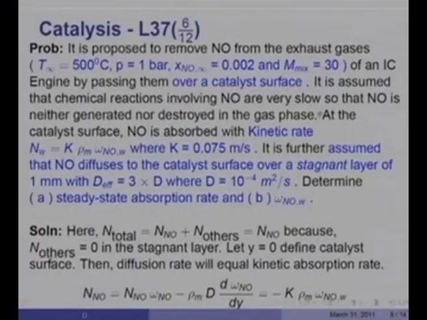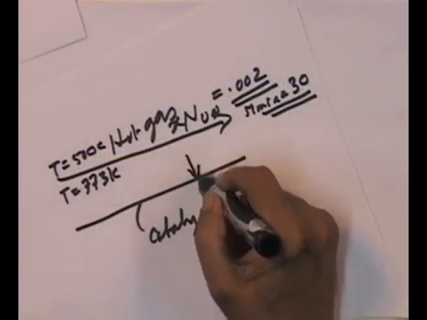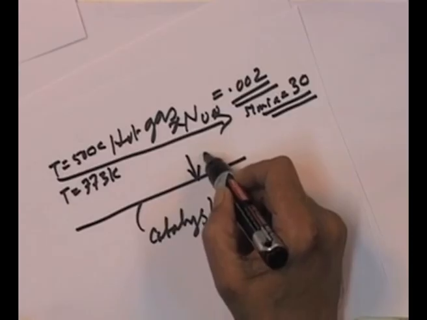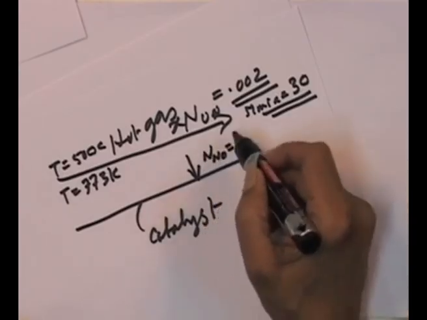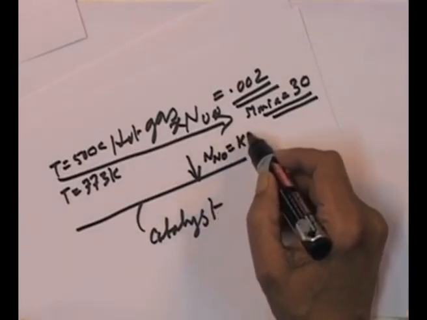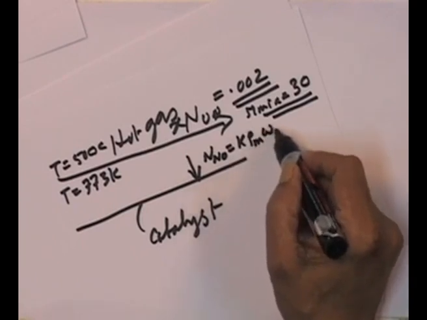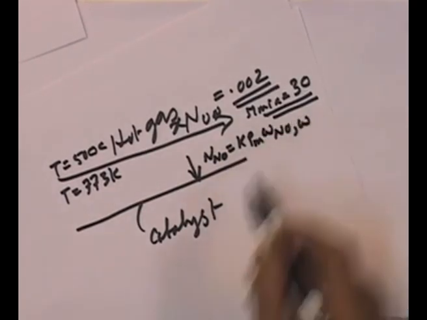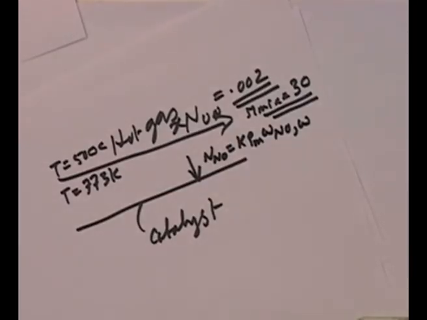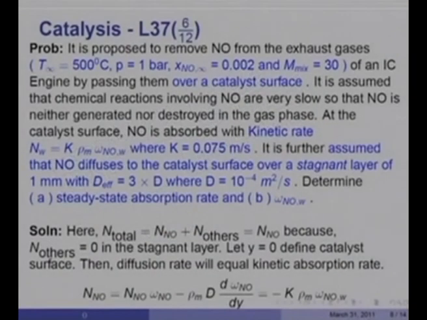Further, at the catalyst surface, NO is absorbed with kinetic rate NW. Of course, absorbed means it is in this direction, and you are told that it will be k times rho m into omega NO W, where k is the kinetic rate constant, and its value has been given as 0.075 meters per second.